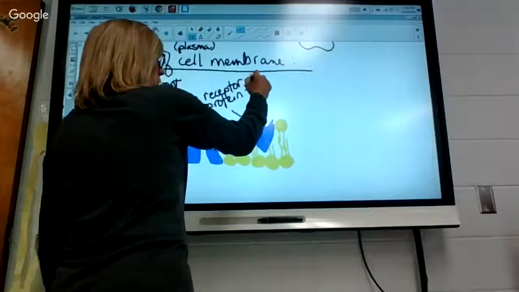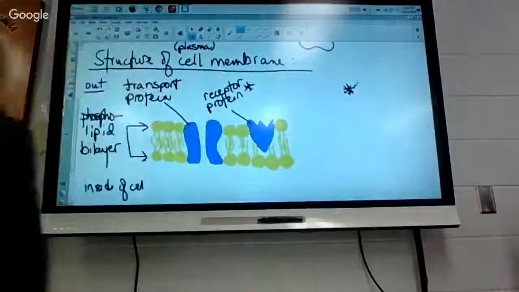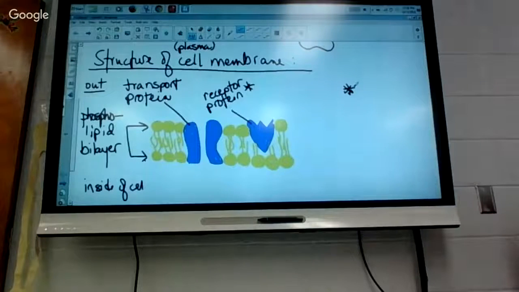And then I'm going to just put a little star because I'm going to come out here and write down what it does. That way we have more space up top.